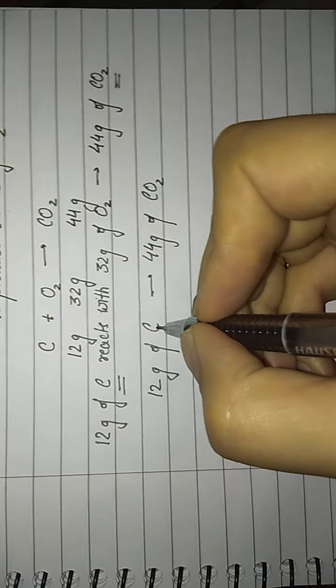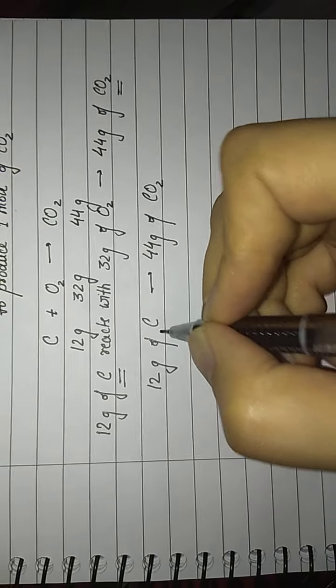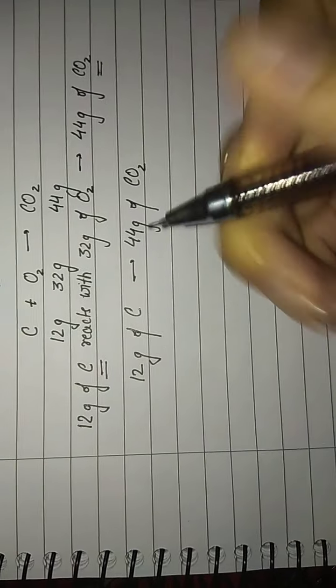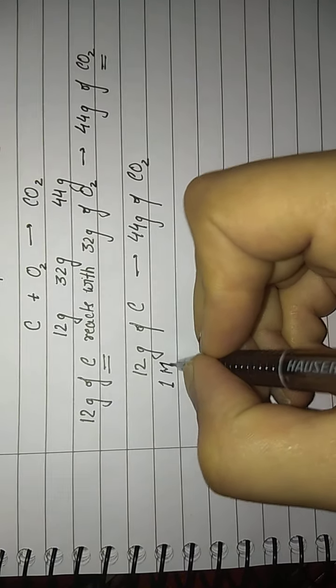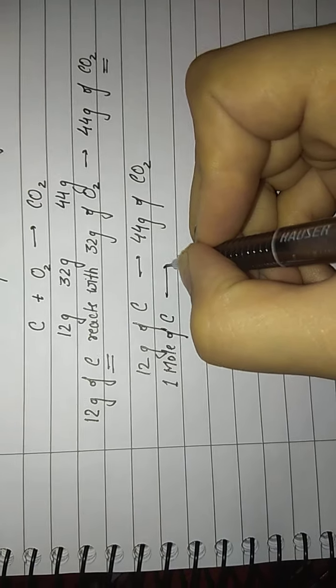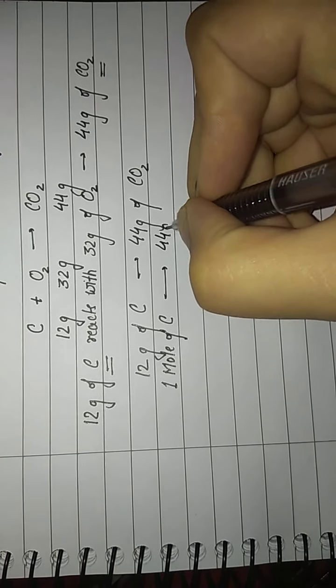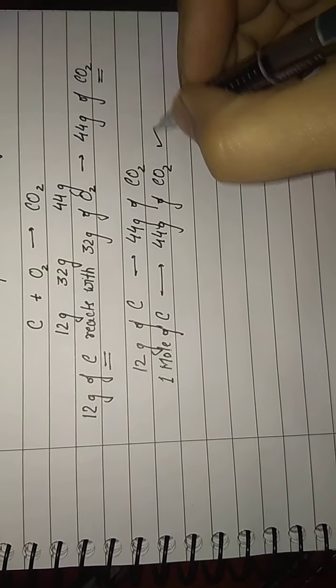Now we know that 12 grams of carbon is present in 1 mole of carbon. So in place of this, I can also write 1 mole of carbon produces 44 grams of carbon dioxide.